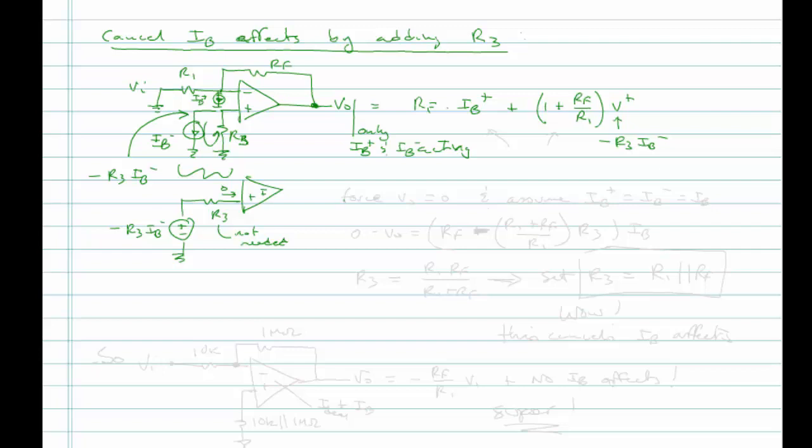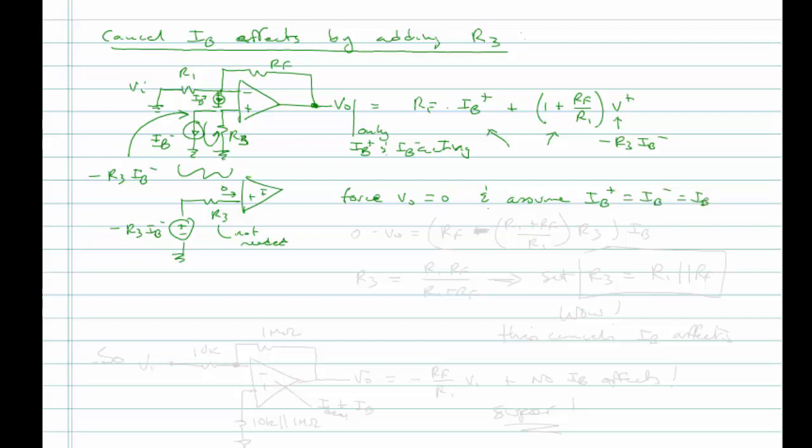So we're going to force VO to be equal to 0, optimistically hoping that we could choose R3 in such a way that these two terms are going to cancel each other. Force VO to be equal to 0, and assume IB plus is equal to IB minus is equal to IB.